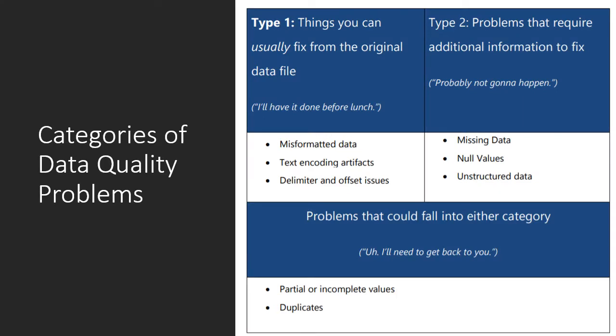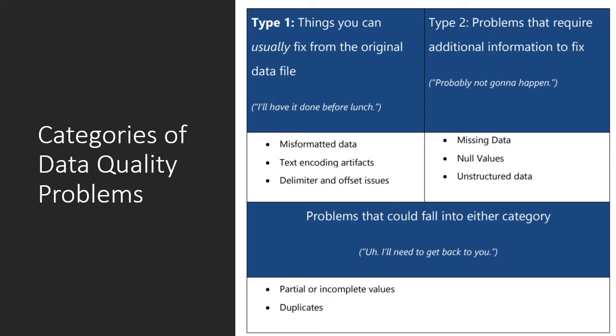So there are categories of data quality problems. Remember there are three steps. You have to spot them first, then you evaluate them, and then you take action, which is to fix them. So this is the second stage, where you evaluate how severe the problems of your data sets are. We have basically two types, and another category can fall in either.